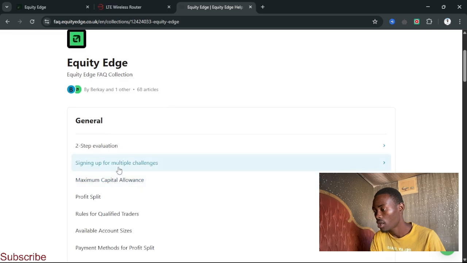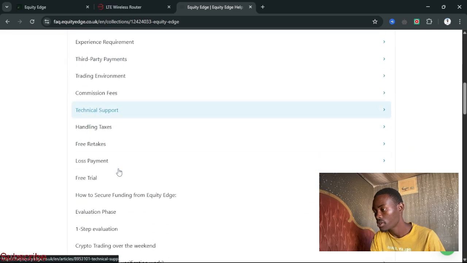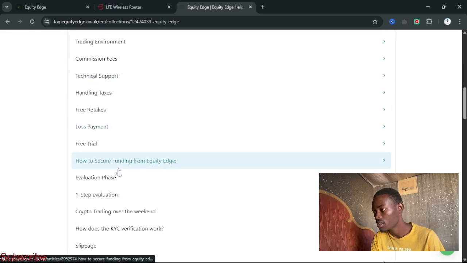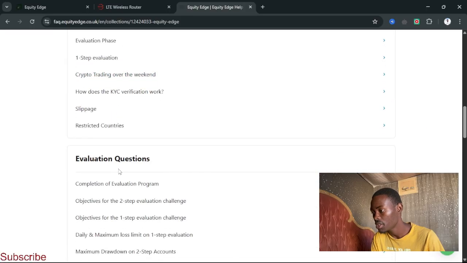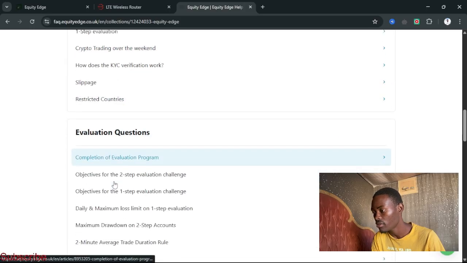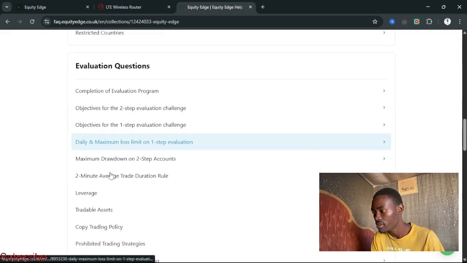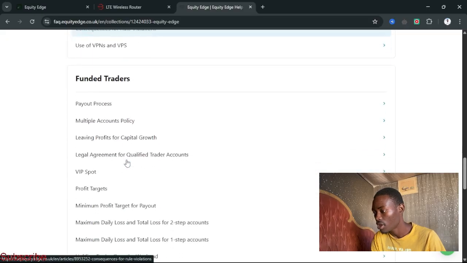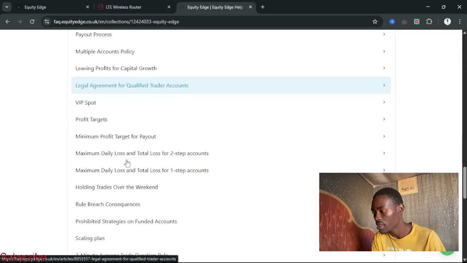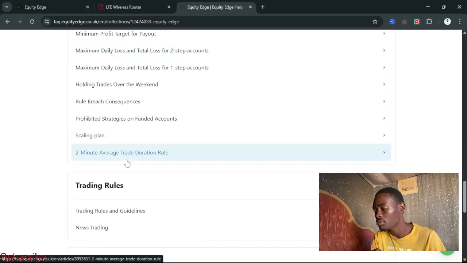They have a lot of rules here, as you can see: commission fees, free trial, one-step evaluation, restricted countries, objectives, daily and minimum lot limit. I will just go through some of them.